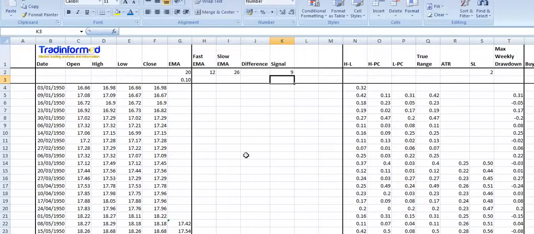standard settings. To calculate an exponential moving average, we firstly need to calculate the factor, which is, the formula for this is 2 divided by the number of periods plus 1.